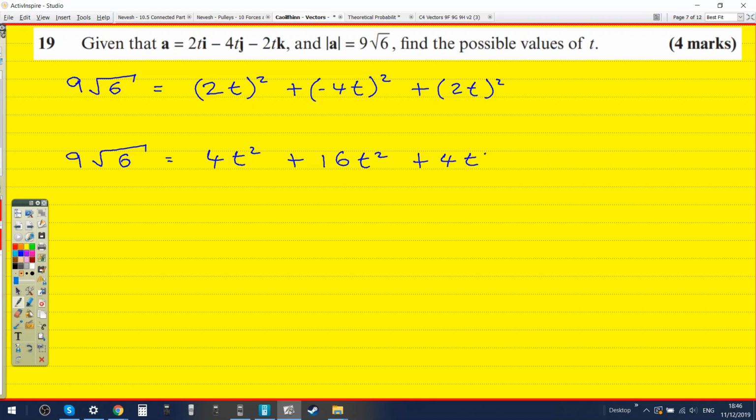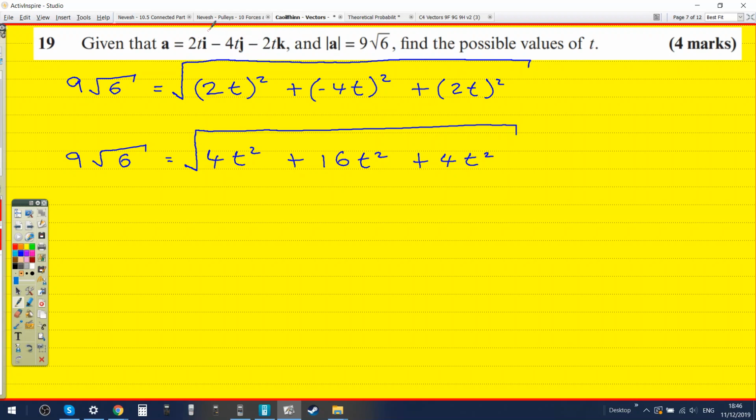I'm kind of confused. So maybe something's confusing you. This is the magnitude of a, so it should all be in a square root. So that might be part of it. If this was just 2i, then that would be 2 in the i direction, minus 4 in the j direction, minus 2 in the k direction.